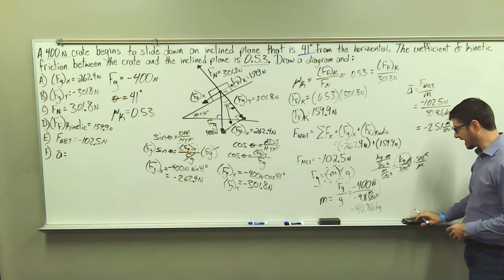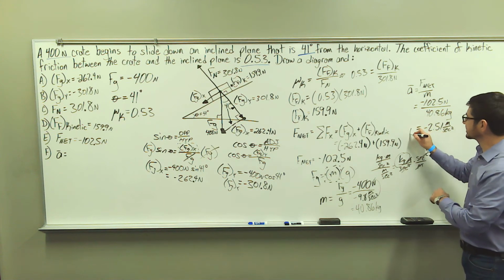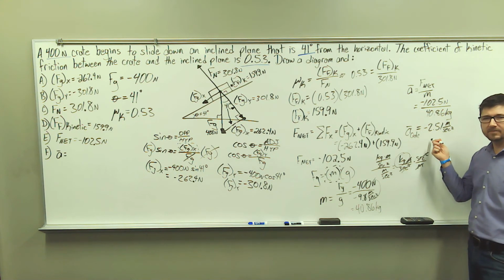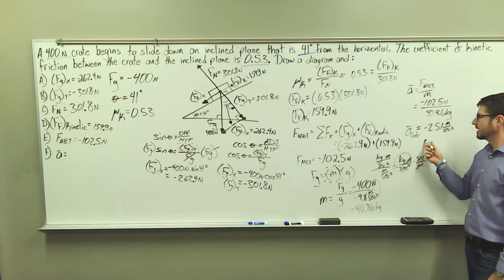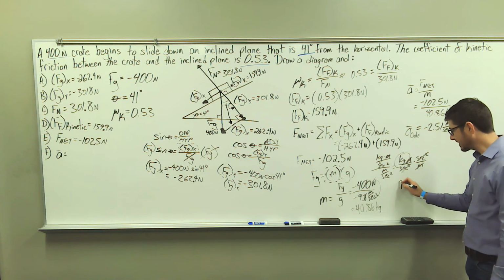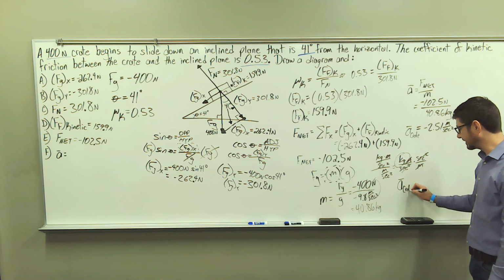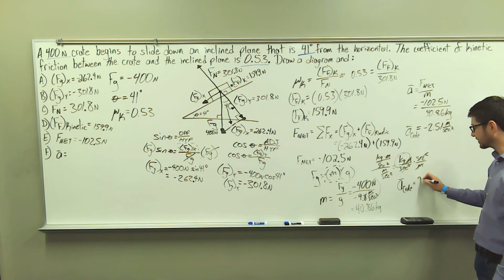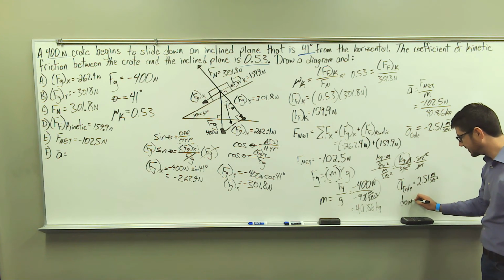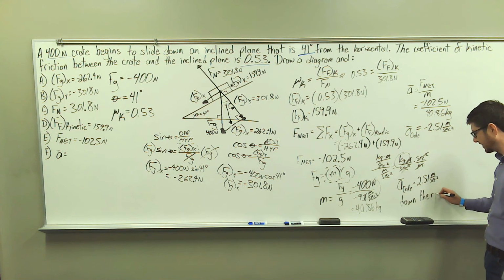Now, we can say acceleration of the crate is equal to negative 2.51 meters per second squared. To be more specific, what we could say is the acceleration of the crate is equal to 2.51 meters per second squared down the ramp.